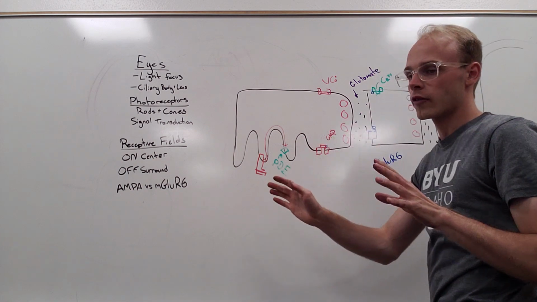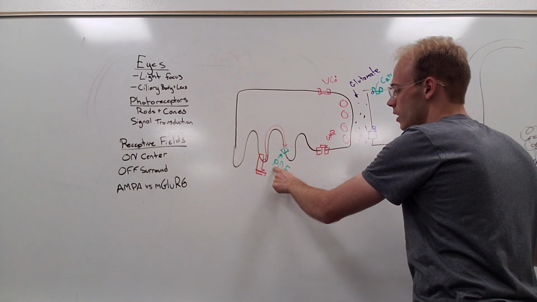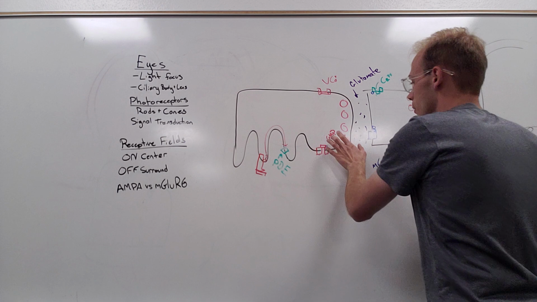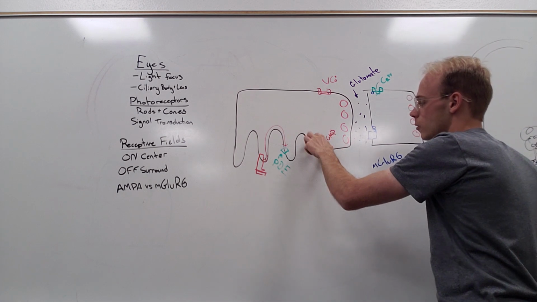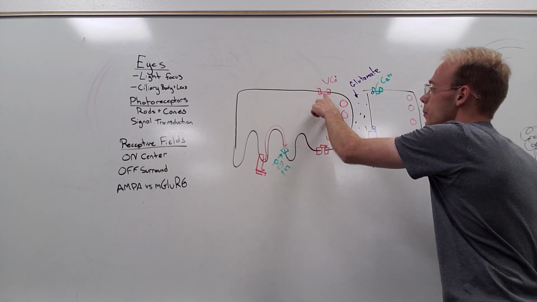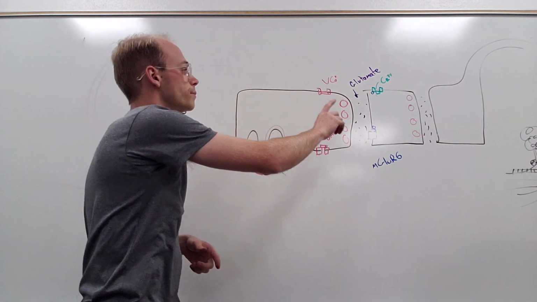So let's go through if I hit this with light. If I hit this with light, I activate PDE, which breaks down cyclic GMP into just regular GMP, which means my sodium channel closes. If my sodium channel closes, I don't depolarize the photoreceptor, which means this voltage-gated calcium channel doesn't open.